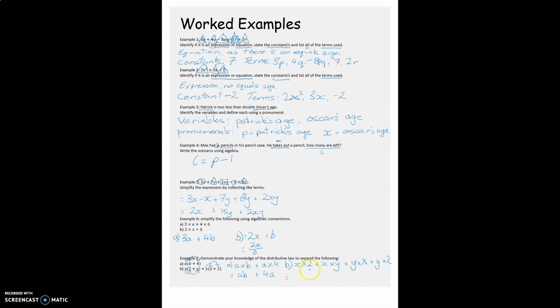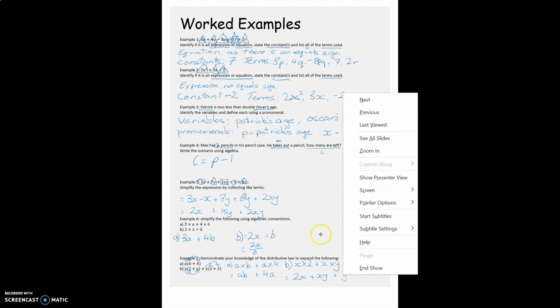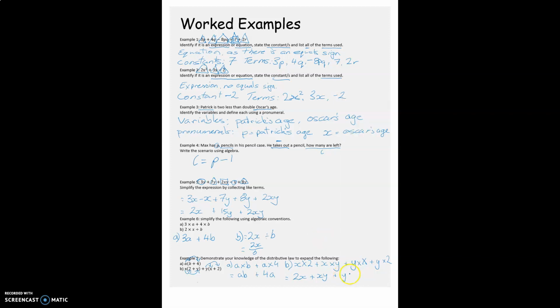And again, conventions need to be put in place here. So we have 2 lots of x plus xy plus yx plus 2 lots of y.